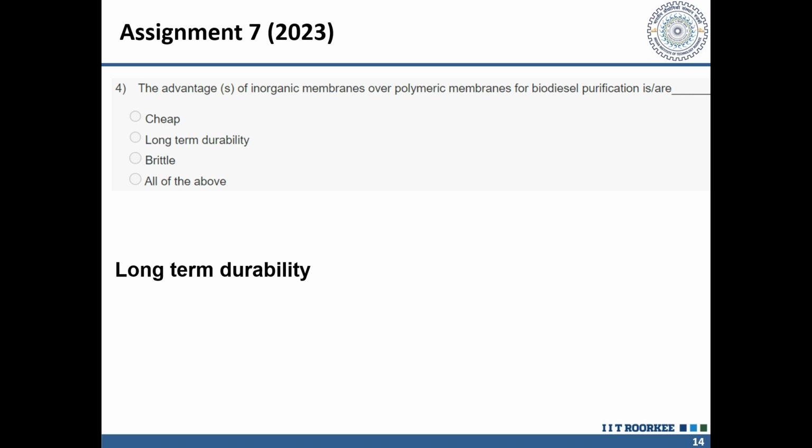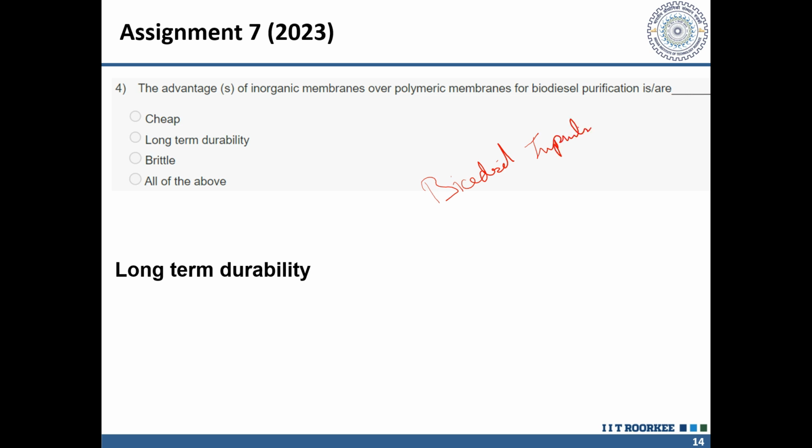So, now let's move on to the fourth question. The advantages of inorganic membrane over polymeric membrane for biodiesel purification are, so first of all, what are these membranes? When we create biodiesel, it has many kinds of impurities.